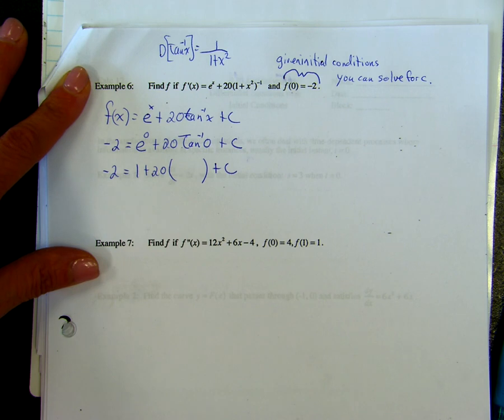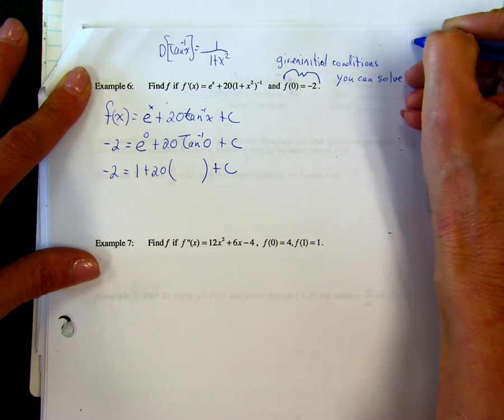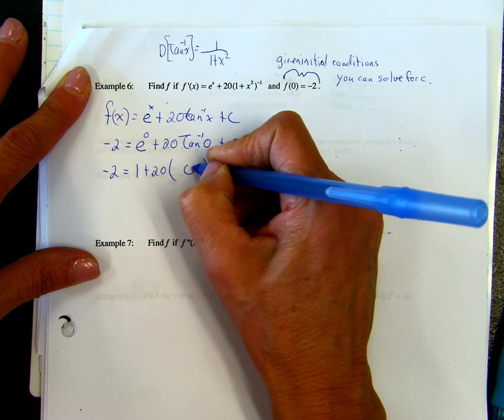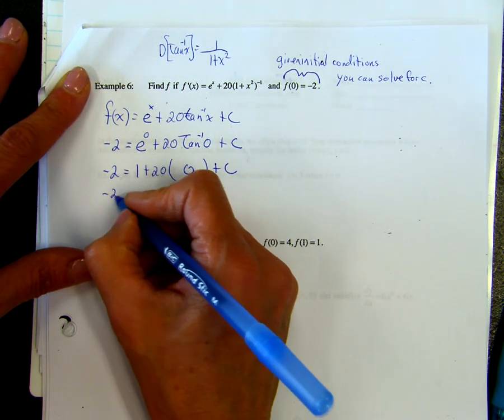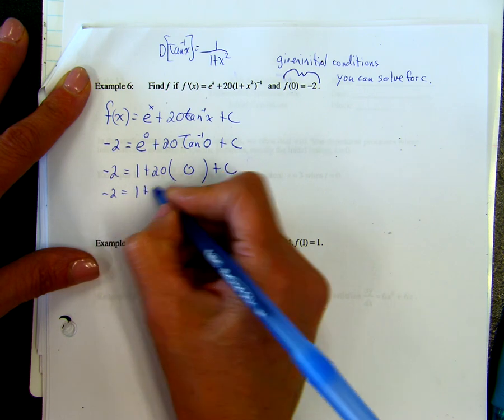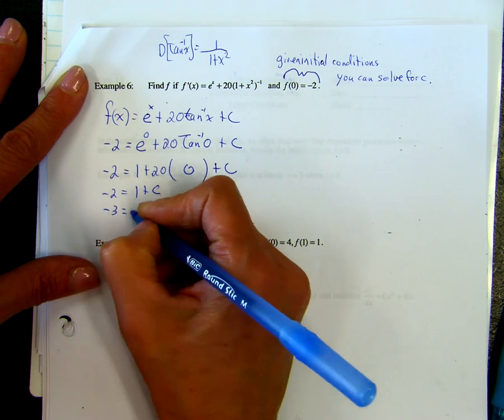Where's tangent 0? Remember, tangent measures the slope of your angle. Say what it is. And remember, arctan is defined between negative pi over 2 and positive pi over 2, so that would be at the angle 0. So I get negative 2 is equal to 1 plus 20 times 0 plus c, or negative 3 is equal to c.